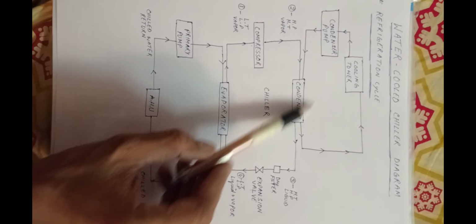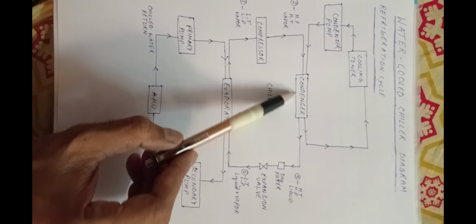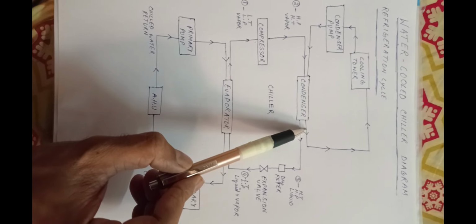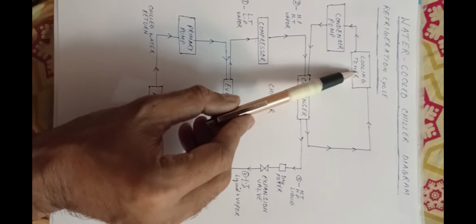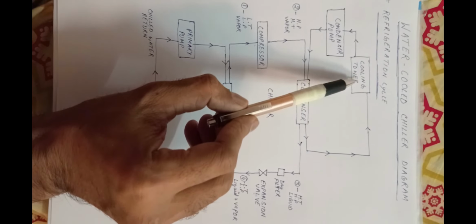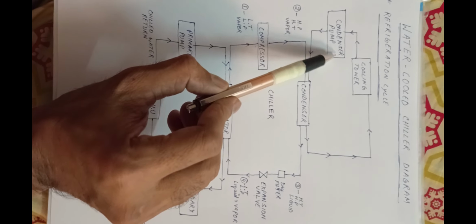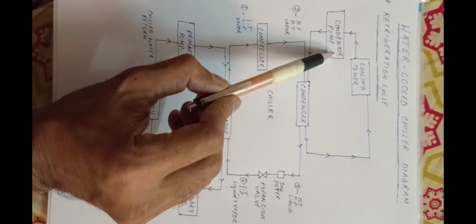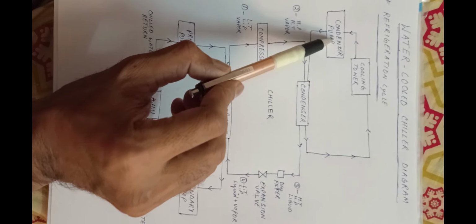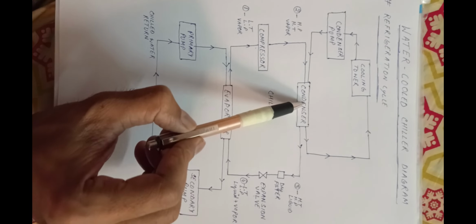Understand, now come to the cooling tower. The condenser water goes to the cooling tower, and after that there is one condenser pump. This condenser pump suctions the water and transfers it to the condenser.